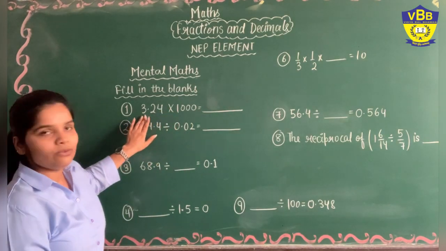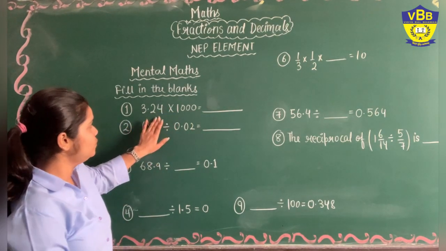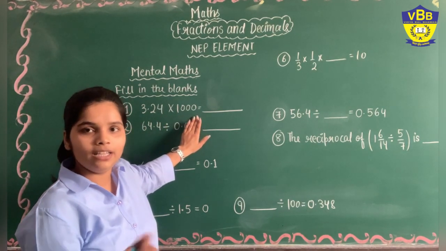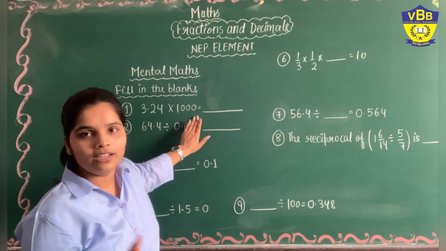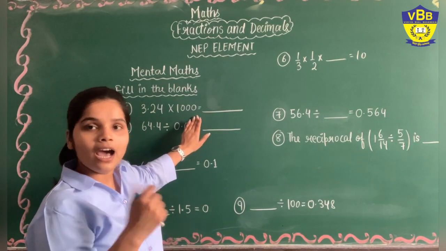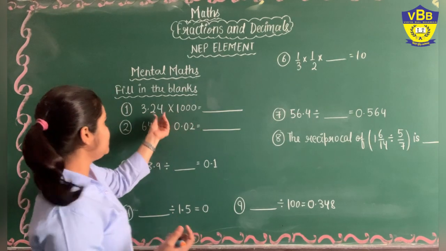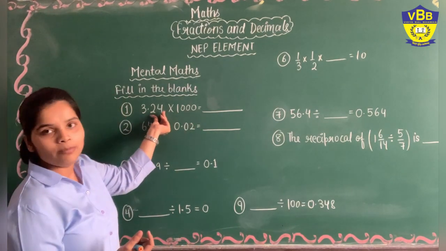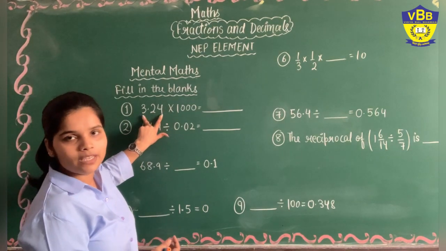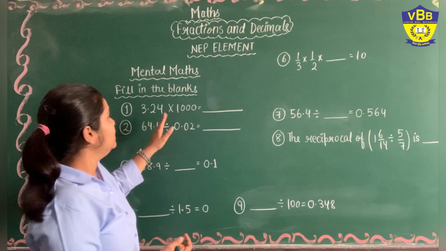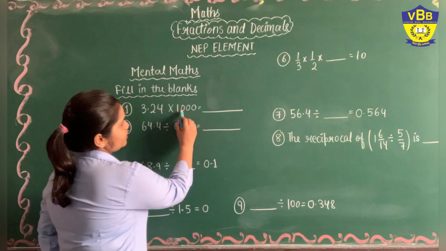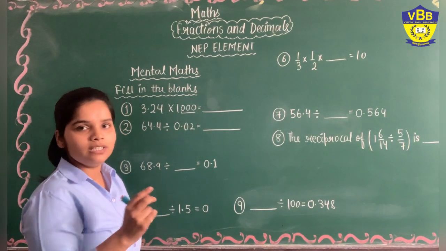First question is 3.24 multiplied by 1000. When we multiply a decimal number with any multiple of 10, 100 and 1000, we shift the decimal to the right side. How many places? The places the decimal number is having. Like this decimal number is having 2 decimal places. We will shift this decimal to the right side by 3 places, as 1000 is having 3 zeros.